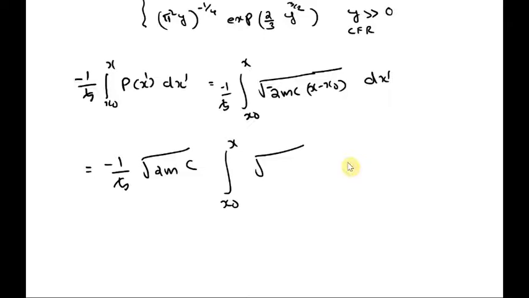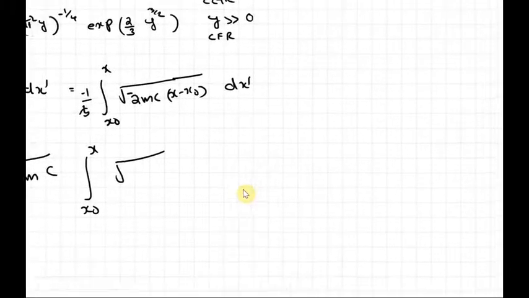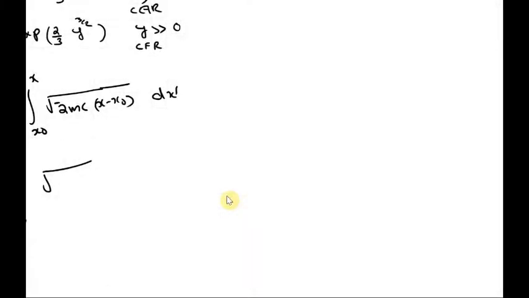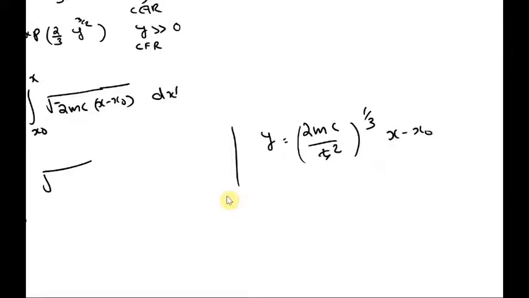So I want to find the relationship between x minus x naught and y. Something that I know is y is nothing but (2mc by ℏ squared) whole raised to 1 by 3 times (x minus x naught).